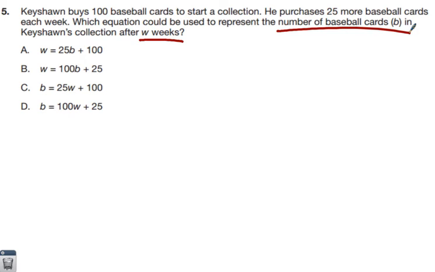Now, to get a total number of baseball cards, wouldn't you naturally multiply 25 times how many weeks have gone by? But how many weeks have gone by? Well, that's one of our variables, w.